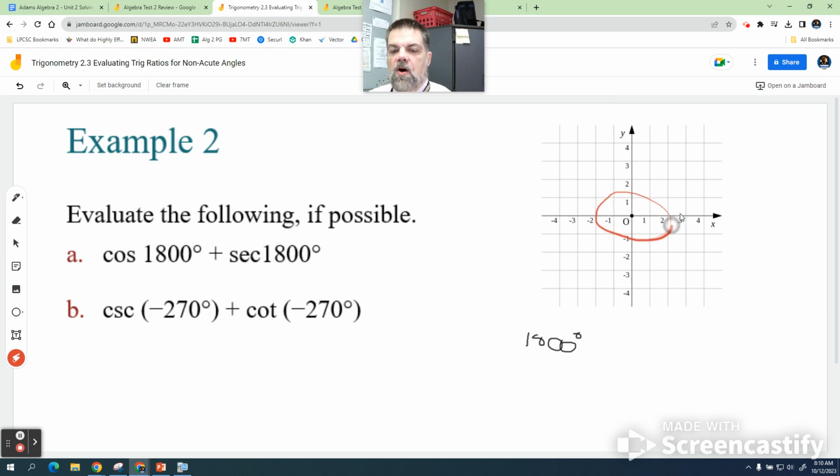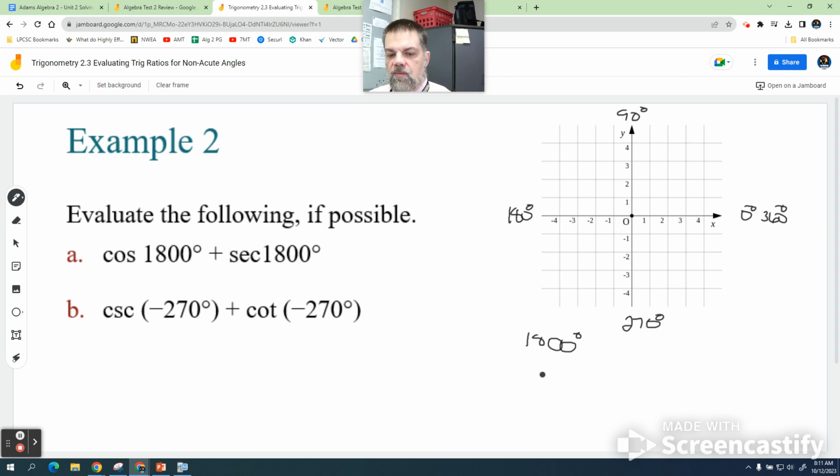So we're going to keep going until we get to 1800 degrees, right? In other words, this is 0 degrees. This is 90 degrees. This is 180 degrees. This is 270 degrees. And after one revolution, it's 360. Okay? So I'm going to go till I get to 1800.